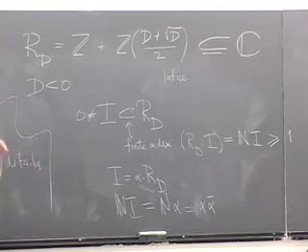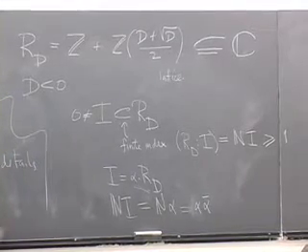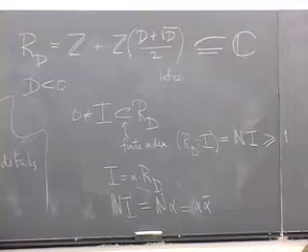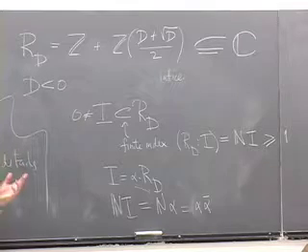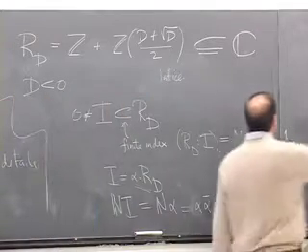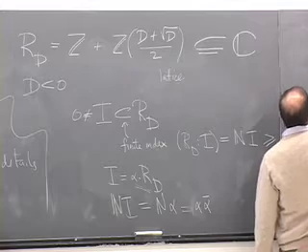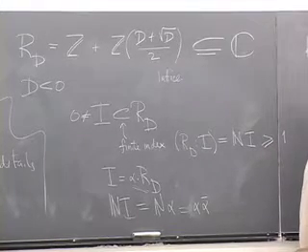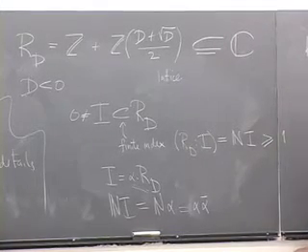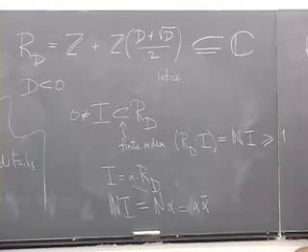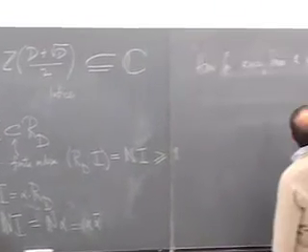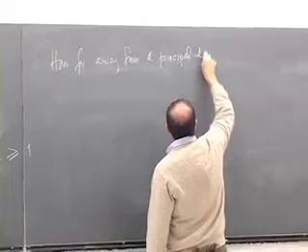Now, if you want to get far in the ideal theory, we want to measure how far R_D is from being a principal ideal domain.